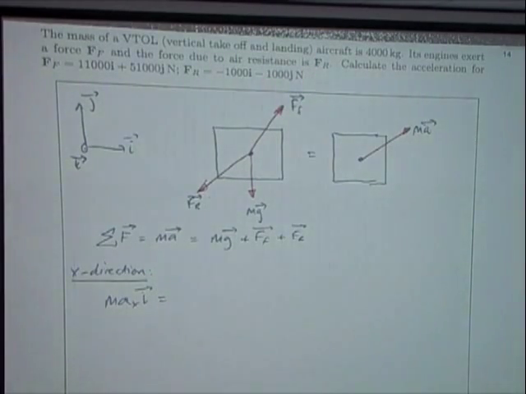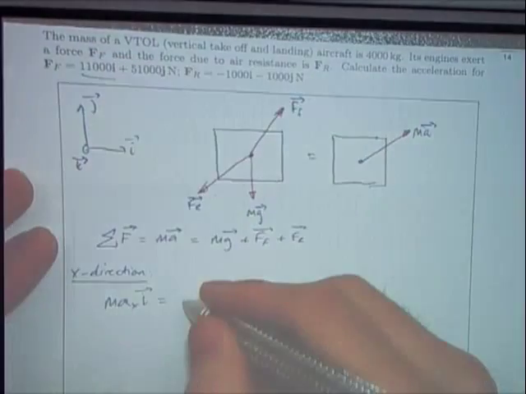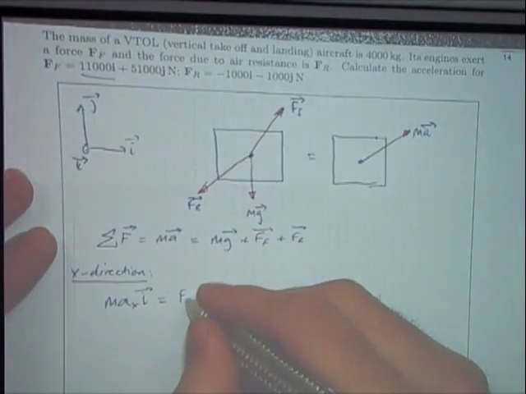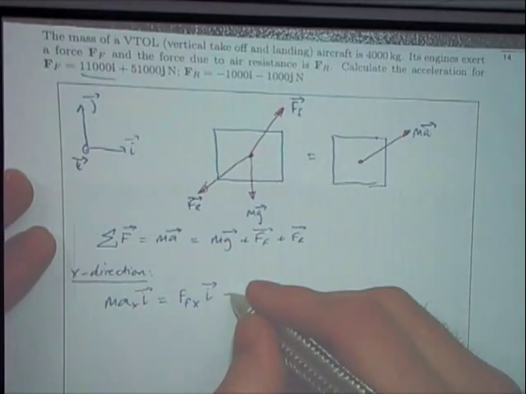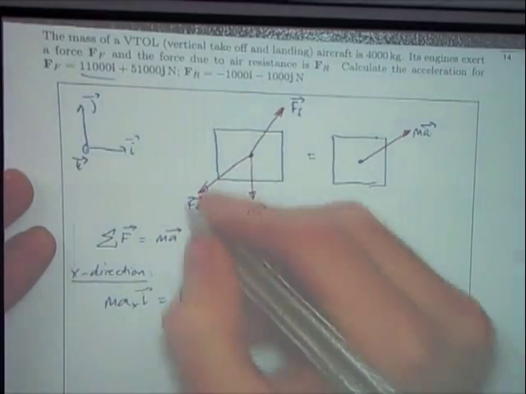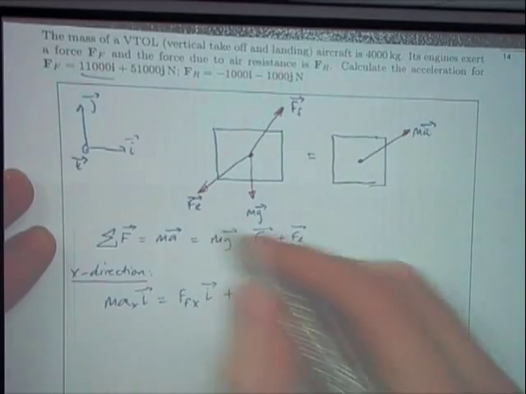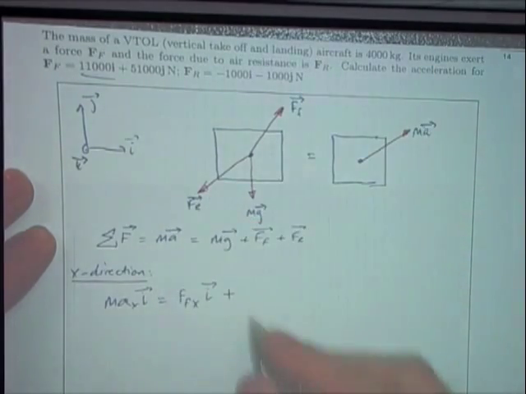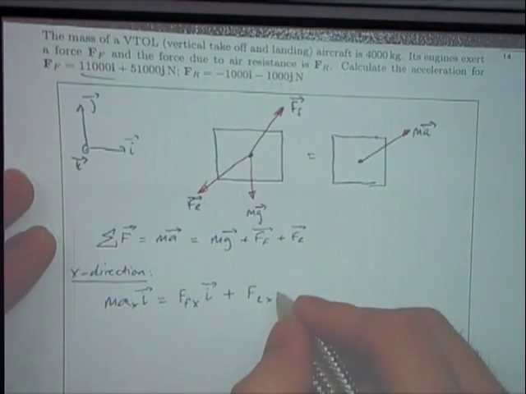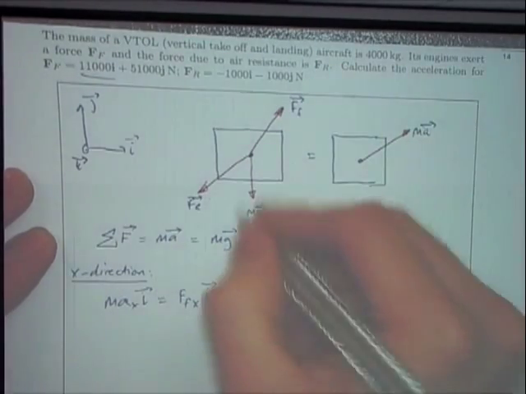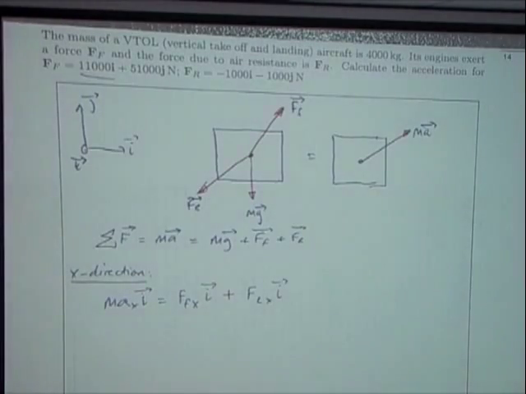Obviously we've got a positive component of FF, so that's up here, there's our x direction, so we've got F in the x direction times I, plus, well, we've got a component of the resistance force in the x direction. So I've got plus FR x times I, okay? And obviously there's no horizontal component of the mass force, so that's our equation.